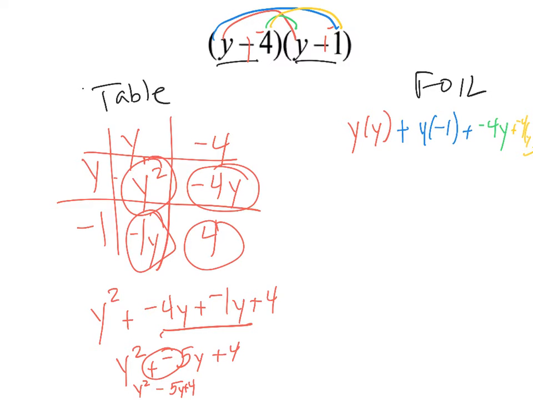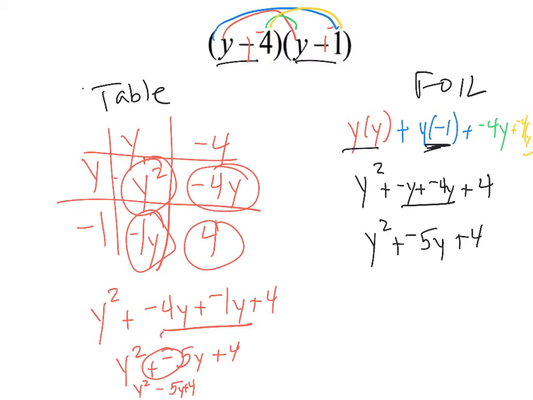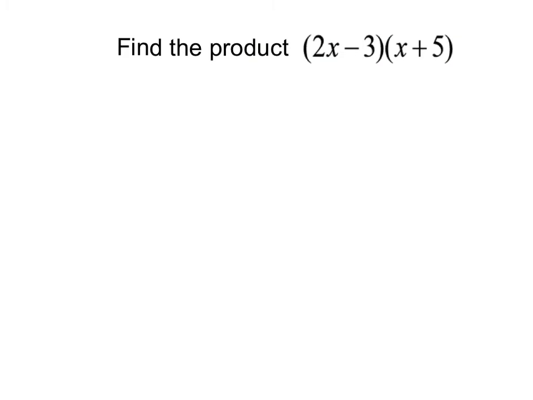Now I'm going to simplify. Y times y is y squared plus -y plus -4y plus 4. I wanted to write this the right way, which is why I didn't add those like terms together. Y squared plus -5y plus 4. And then finally, we don't leave that. Y squared minus 5y plus 4. I got the same answer. It's whichever way you feel comfortable doing it.